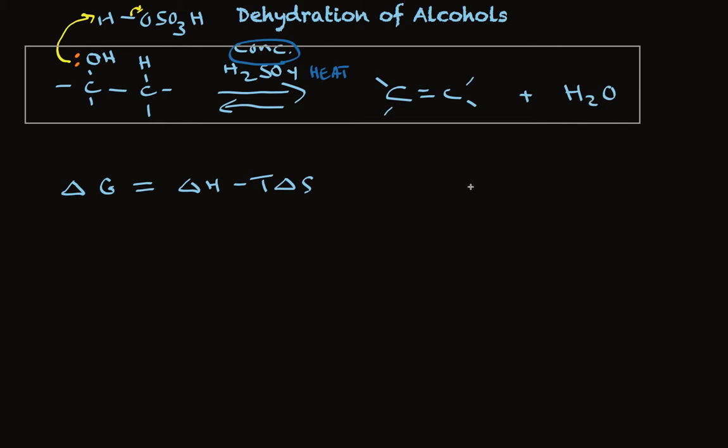So bottom line is, in a reversible reaction, it can be described typically as an E1 reaction. Alcohols are dehydrated using concentrated sulfuric acid and heat in reasonable yields. A couple of other side notes.